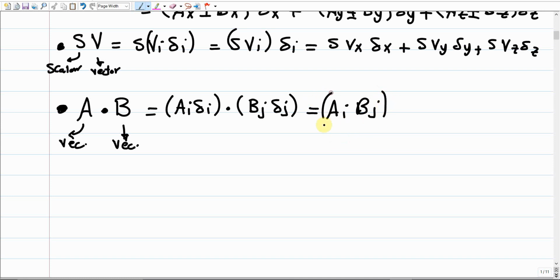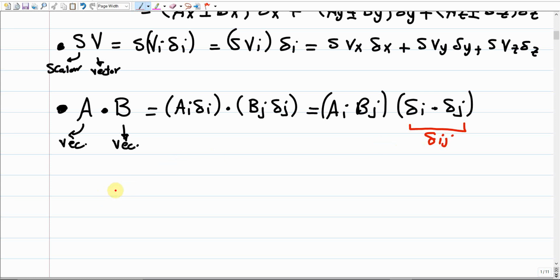So the components will be multiplied, but how about the unit vector? We do the operation itself over the unit vectors, as delta I dot delta J. We agreed in the previous meeting that you should memorize this relation: the dot product of delta I dot delta J gives delta Ij, which is known as the canonical delta.